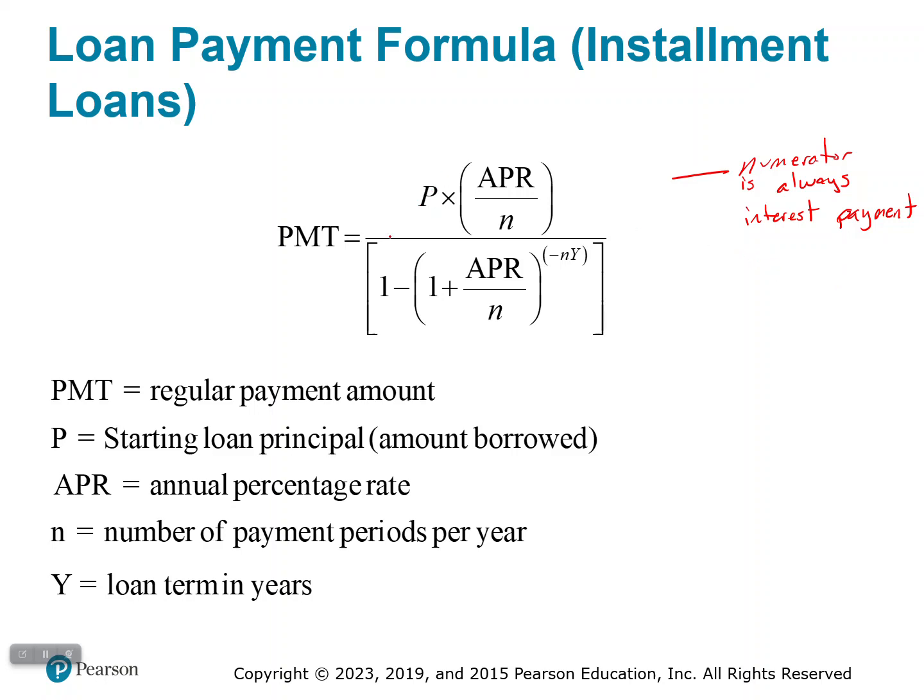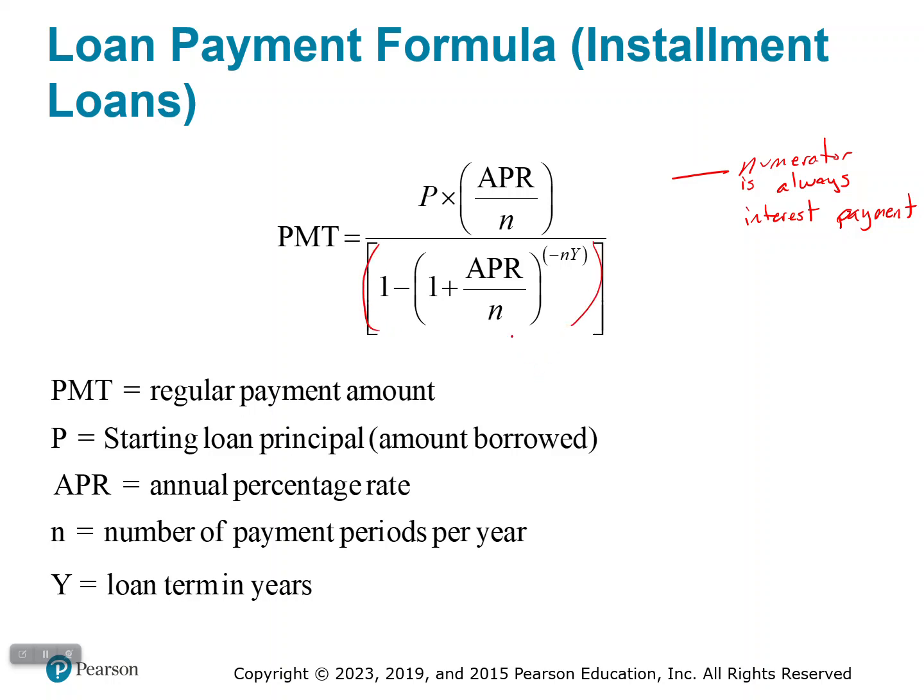We start with the payment, the regular payment amount. The principal, or the starting amount, is the amount that you borrowed. The annual percentage rate is divided by the number of payment periods per year. All divided by, and don't let the brackets versus parentheses confuse you. There are so many parentheses that mathematicians like to go to a different style. On your computer, you're still going to use the round parentheses.